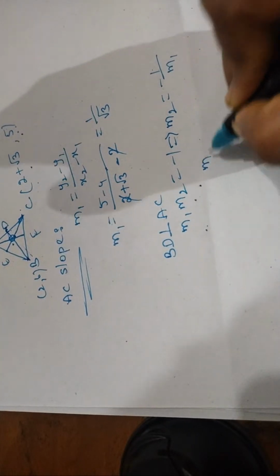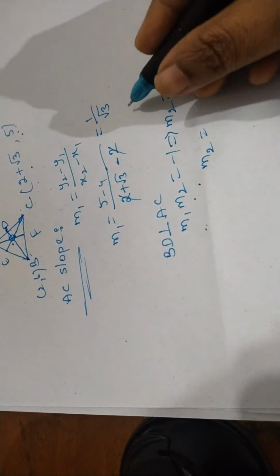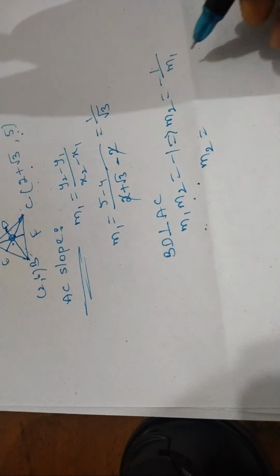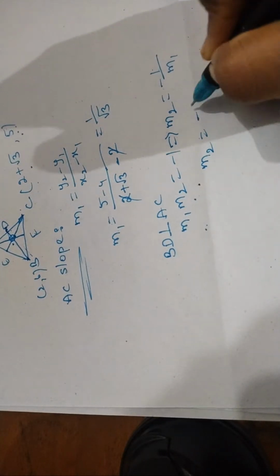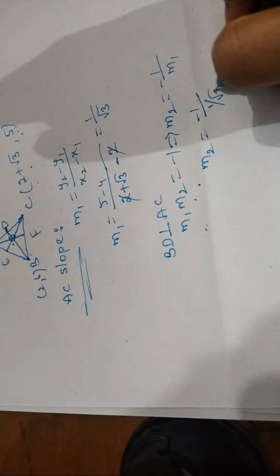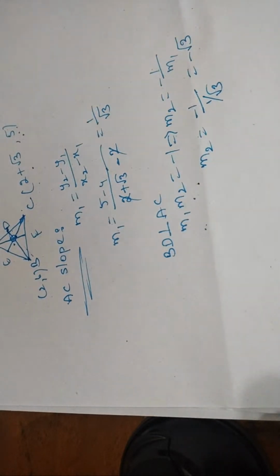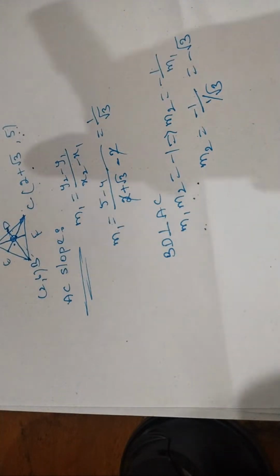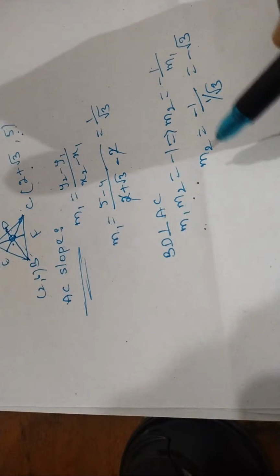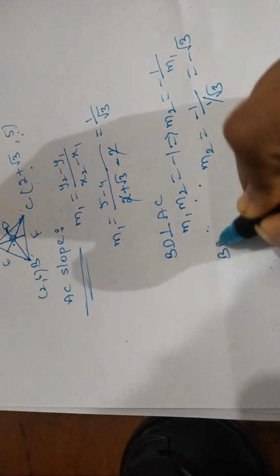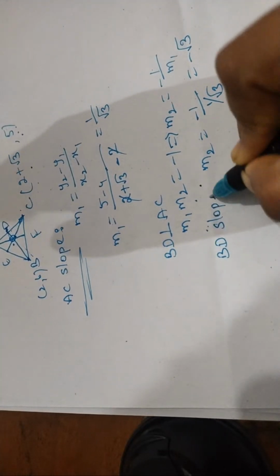What is the m1 value? m1 is 1 by root 3. Write this 1 by root 3 in this place. So minus 1 by 1 by root 3, so this is minus root 3. m2 we got is minus root 3. m2 means the BD slope. We found the BD slope.